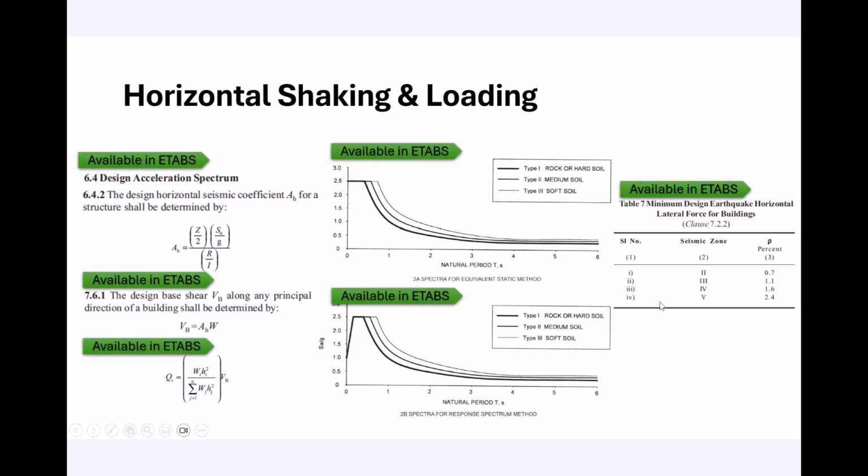And then in the base shear calculation, it also applies the minimum percentage of base shear. Program will use this to apply the minimum base shear. So all the loadings required for the horizontal shaking is available in the program to you. You can simply start defining and using it.